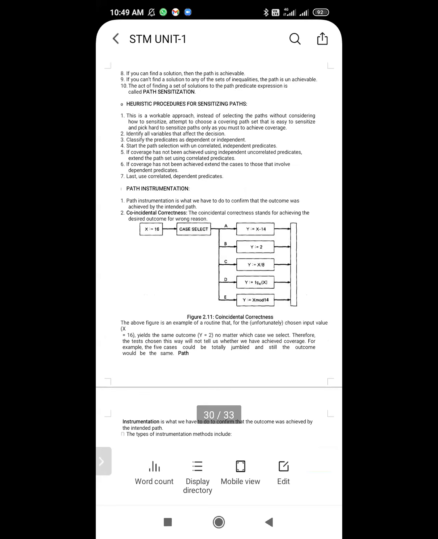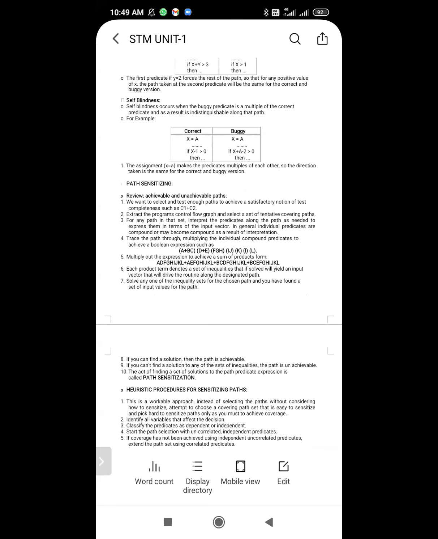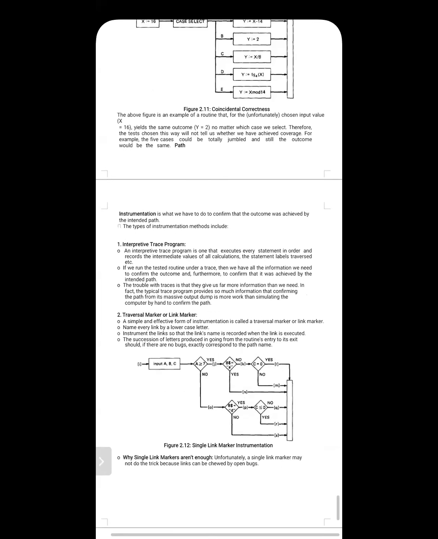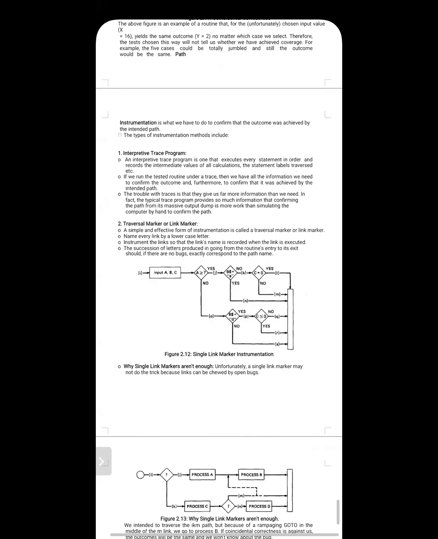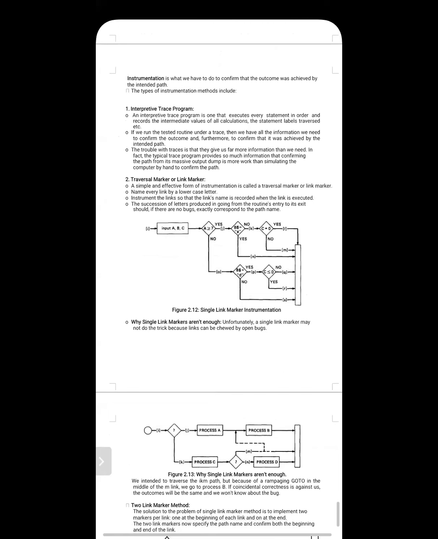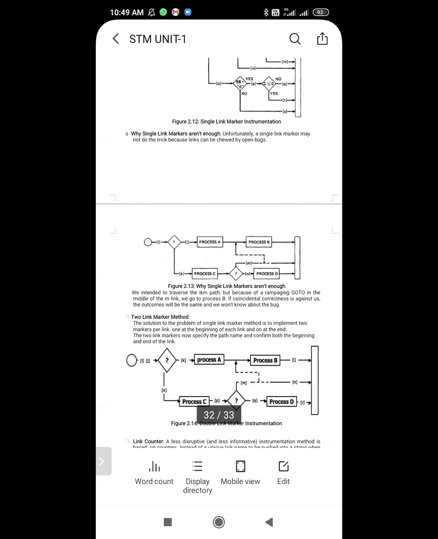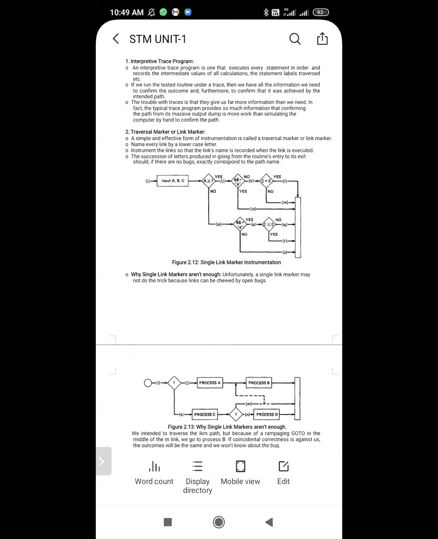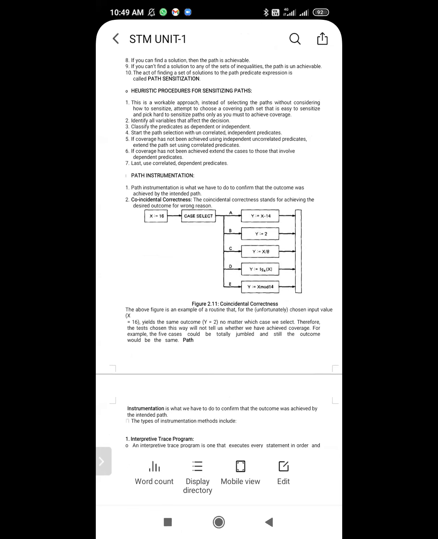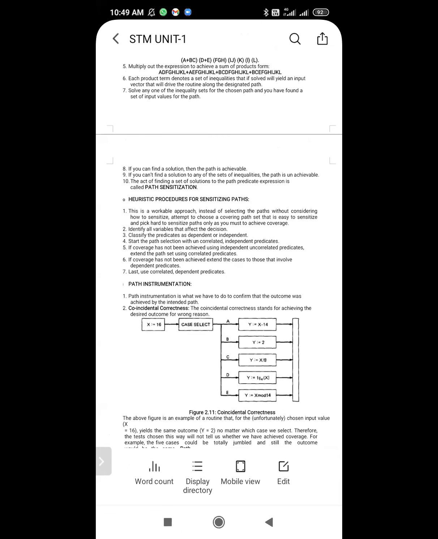Path sensitization, path instrumentation, and last one, applications of path testing. I will tell you that. Okay. My next one, path sensitization.